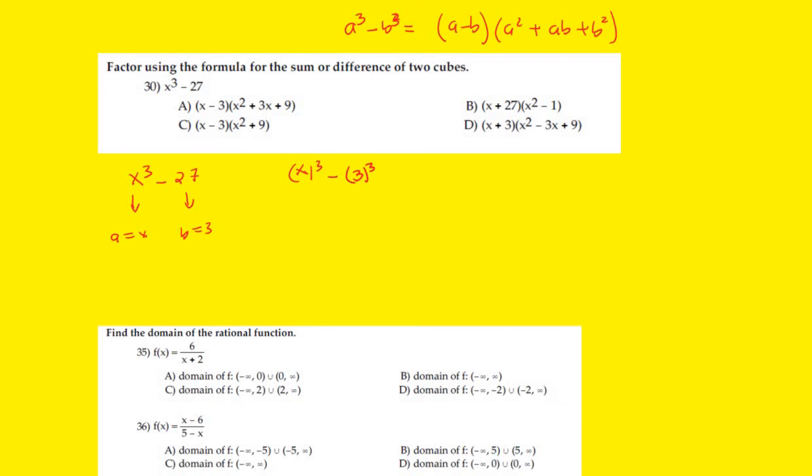Using the formula, we have a minus b, so it's going to be x minus 3, and by this you know it has to be one of the first two, I mean A or C, times a squared, which is x squared, plus ab, which is 3x, plus b squared, which is 9. And that one is actually the first one, A. Perfect.